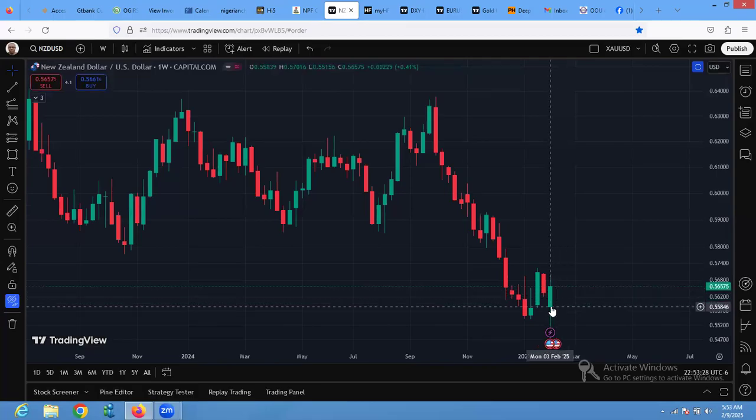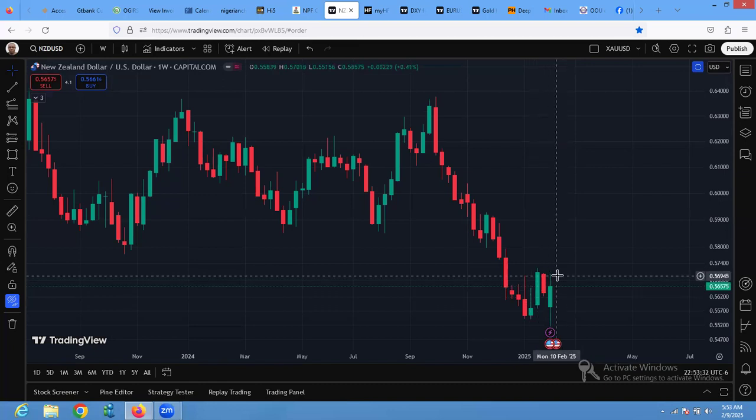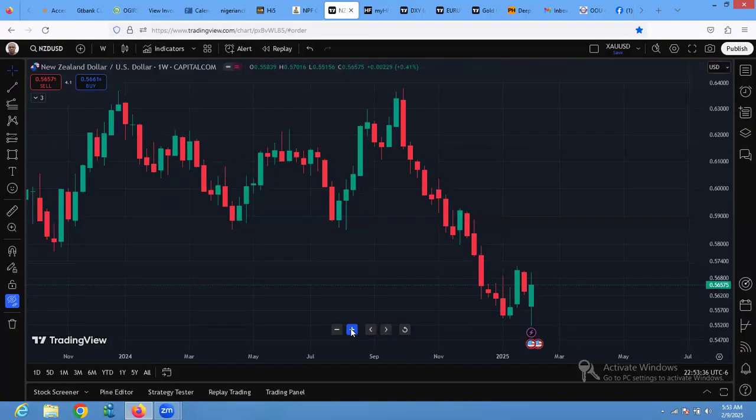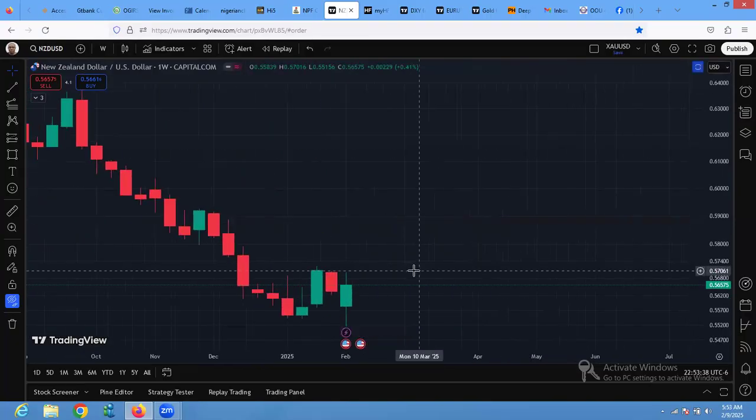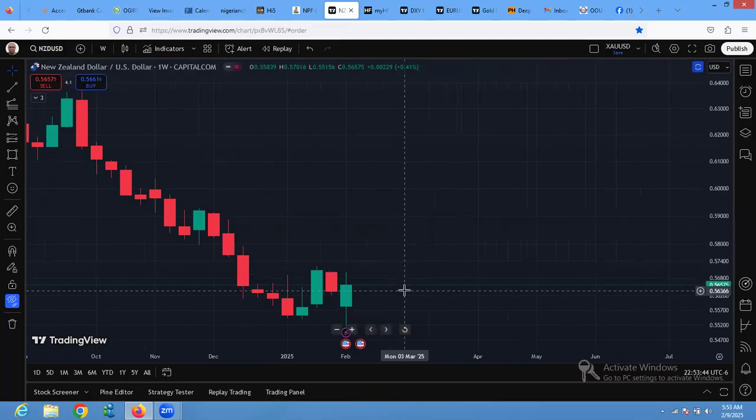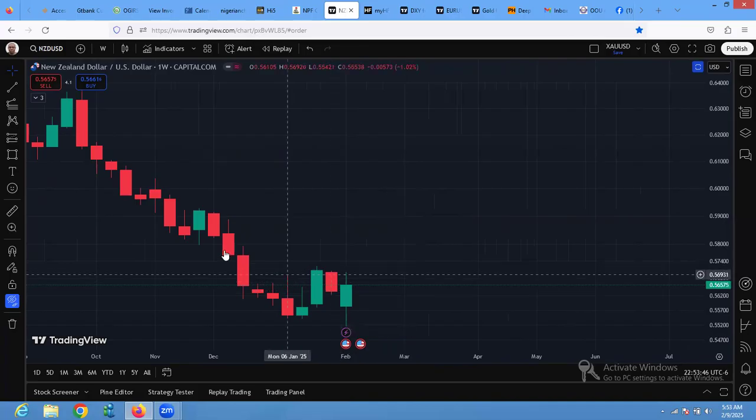Of course, we expect more of a bullish move. We need price to go and close above this area now. We need price to take this area to the upside. We don't want a daily close below this area.